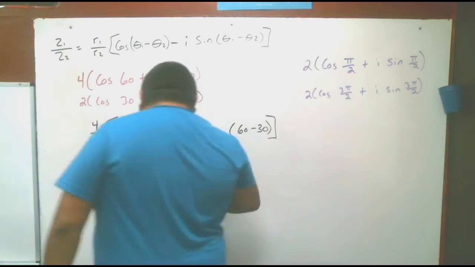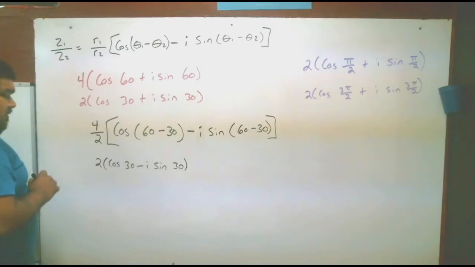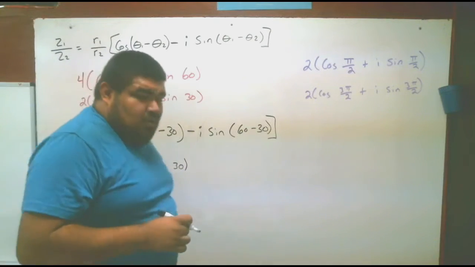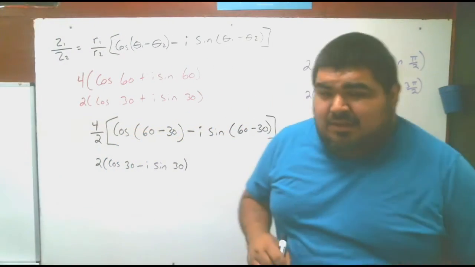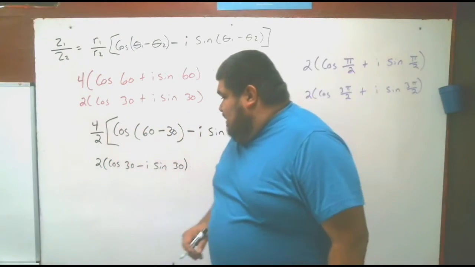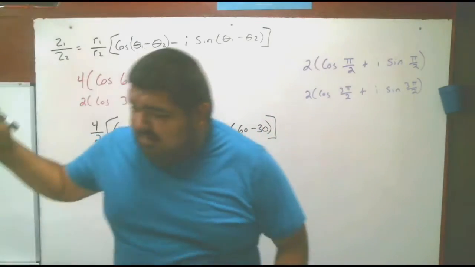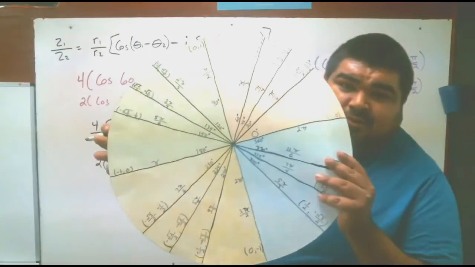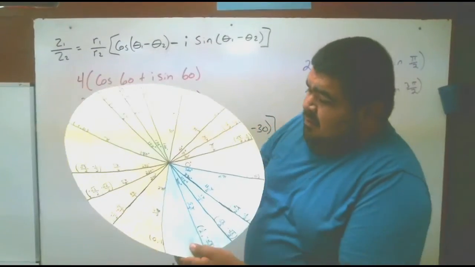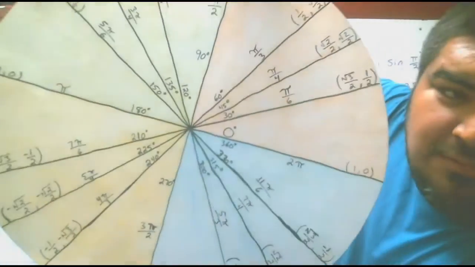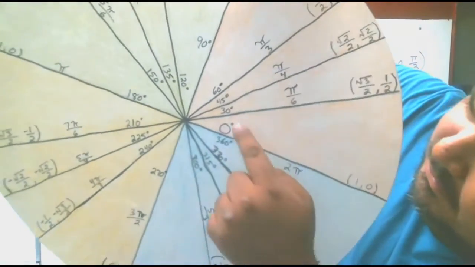Okay? Alright, so now we can convert cosine and sine of 30 degrees. If we look at the unit circle, we have 30 degrees right there.